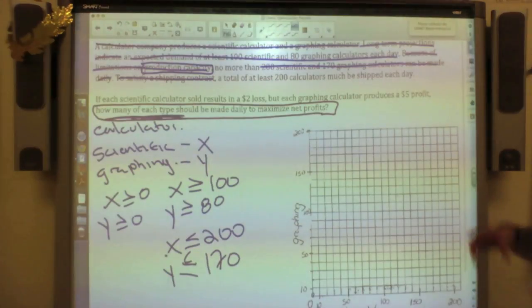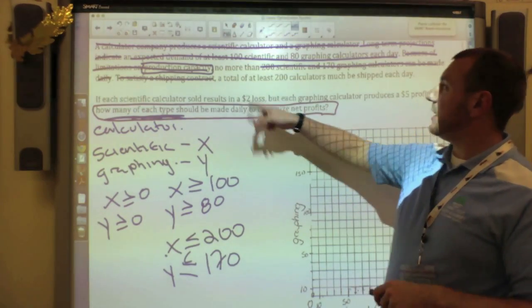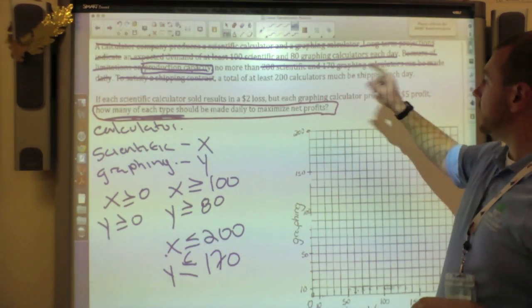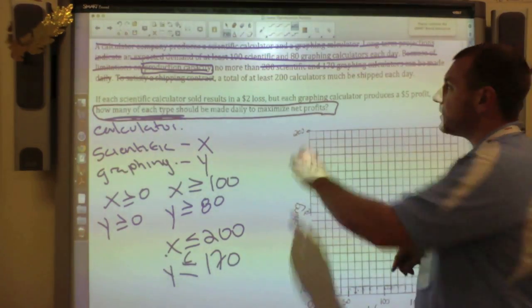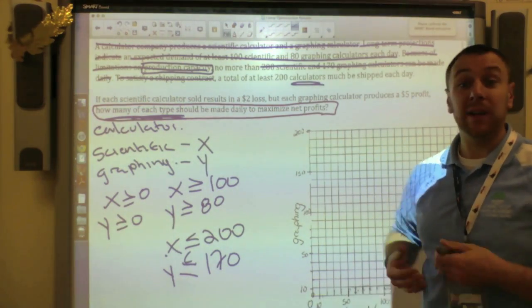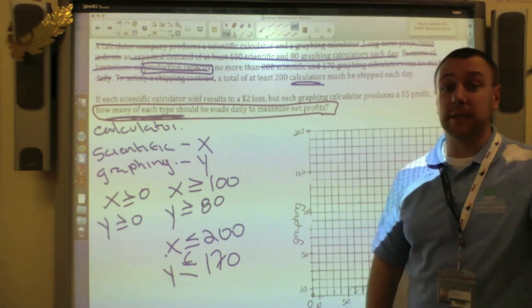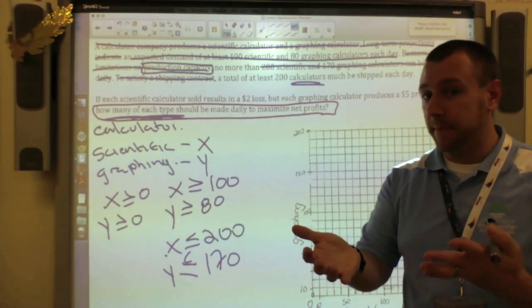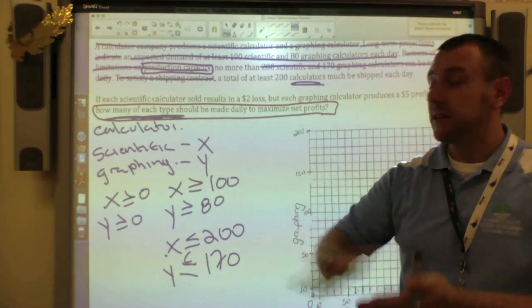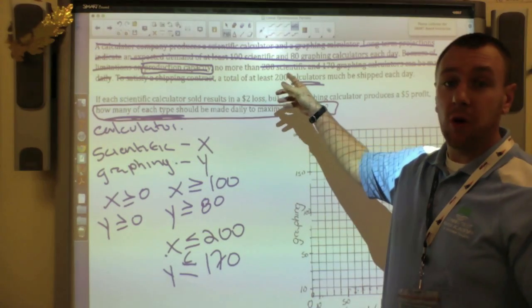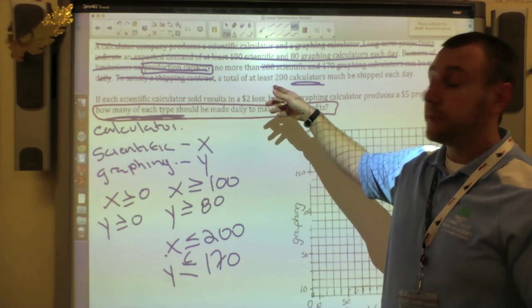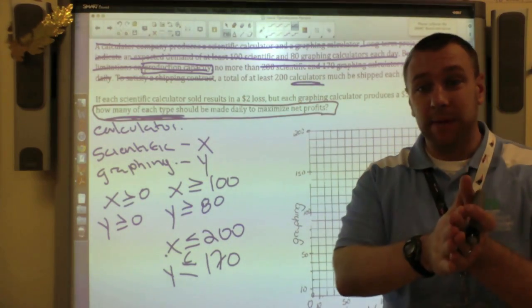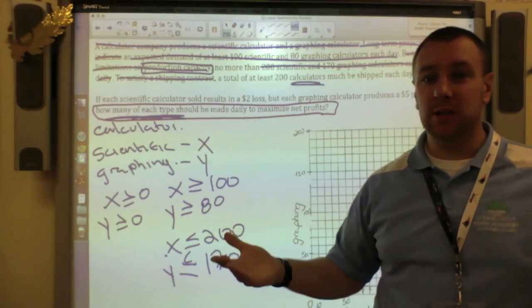A total of at least 200 calculators must be shipped each day. Calculators. Well, I have two different types, right? I have my scientific and my graphing. When I combine them, when I put them together, they have to be at least 200. Every time I combine something in math, it's just addition.